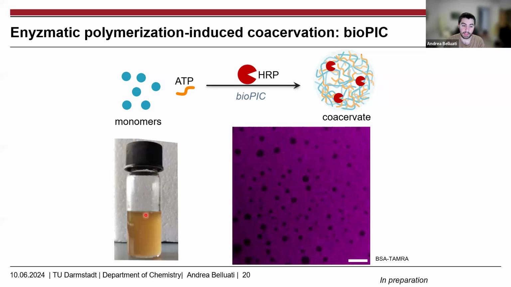You can see here the turbidity of our solution after a couple of hours of reaction. And what is very fascinating is that these coacervates are so tightly packed that an addition of a fluorescently labeled protein, such as, again, BSA, is not enough for uptake. These coacervates don't allow the entrance of this BSA.